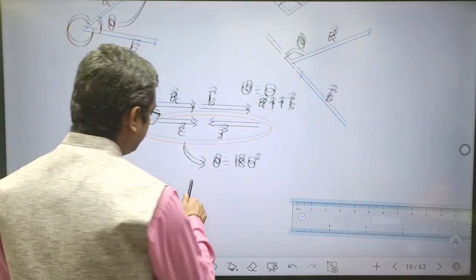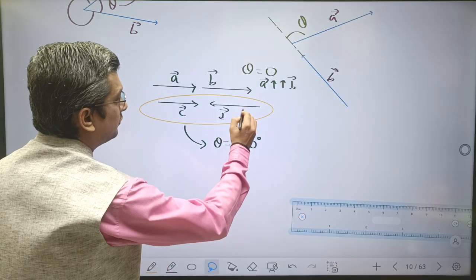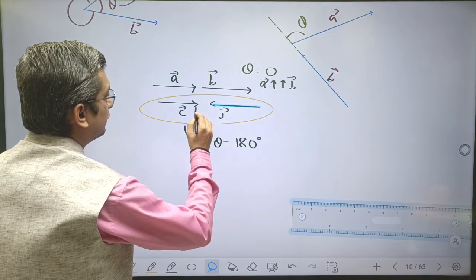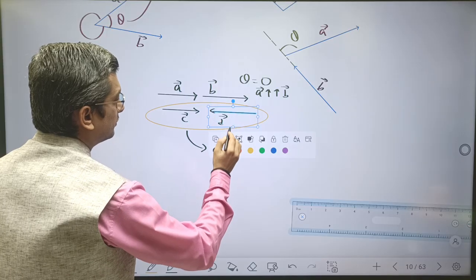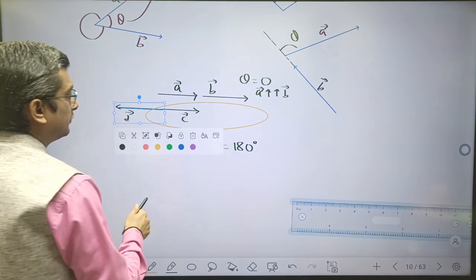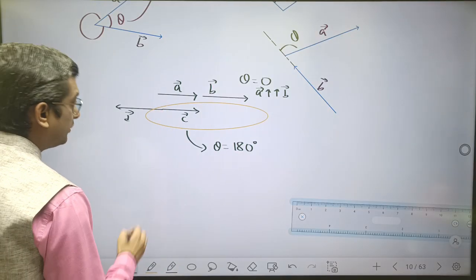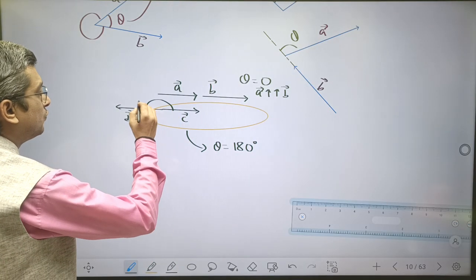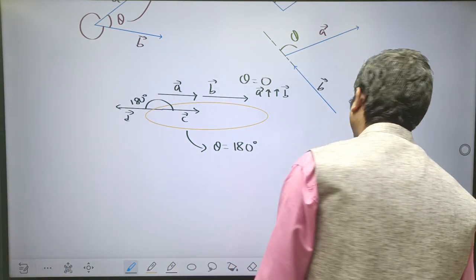How can you say that they are opposite? Just shift it, so this will be like this one. Now observe carefully, both are opposite to each other, so this angle will be equal to 180 degree. So these are the different cases of angle between two vectors.